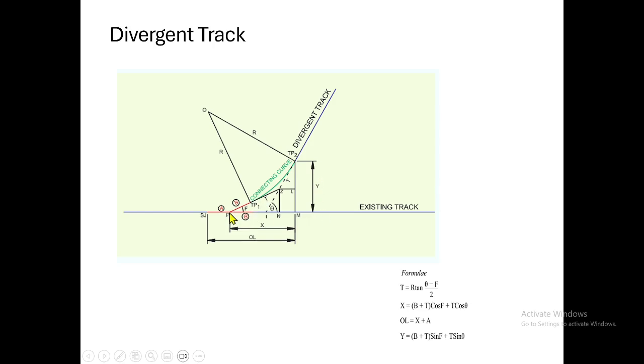But here you see, actually we want to get the overall length from the SRJ to this point, the tangent point. And the vertical distance, the y distance, means the perpendicular offset from the tangent point to the main line, which we have to find out. Here we can conveniently divide into triangles.